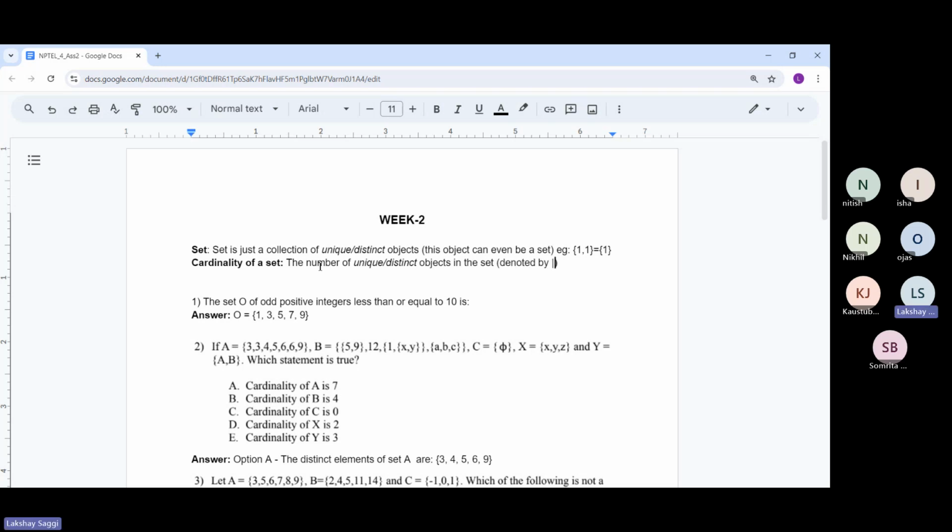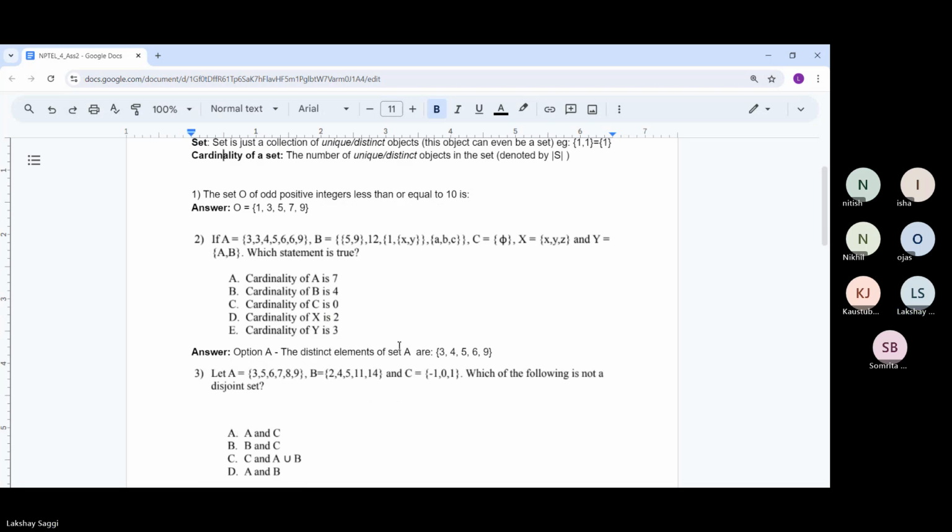If S is a set, then the cardinality of S is denoted by the absolute value symbols around S. This is a symbolic representation, but it actually means the cardinality of S. So there are 5 distinct elements here, so the cardinality of A is nothing but 5, and it is not 7. So option A is incorrect.